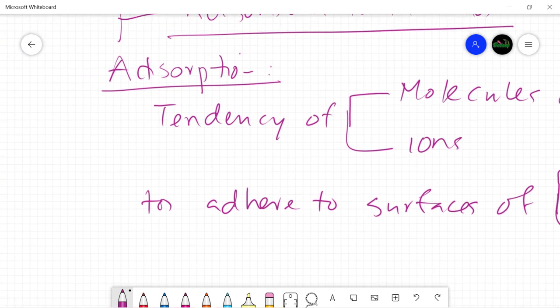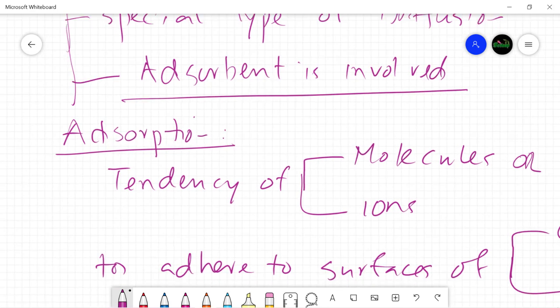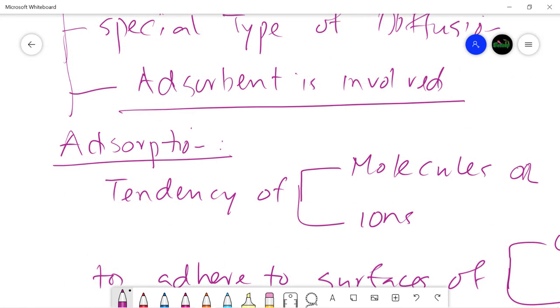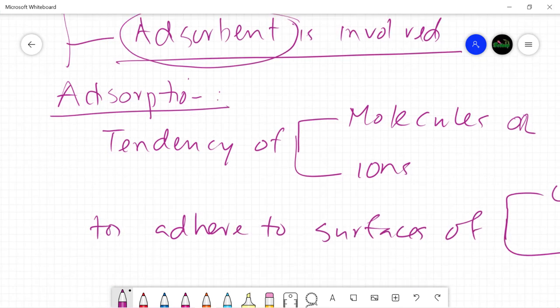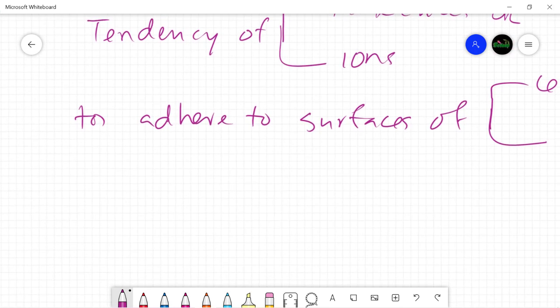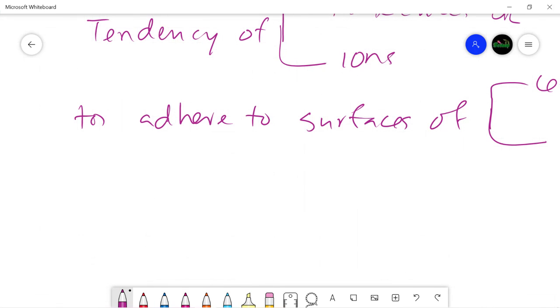And imbibation is an adsorption phenomenon in which an adsorbent is involved. Let's take an example to clarify the concept, and that is a piece of wood. Now a dry wood is a very good adsorbent.